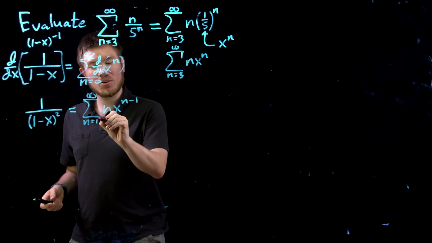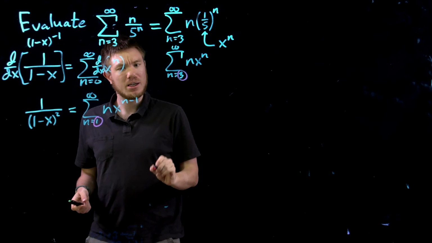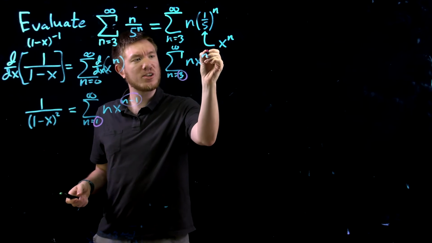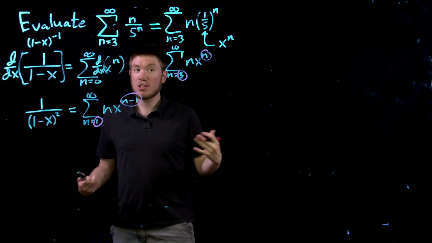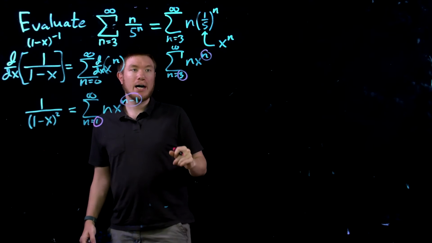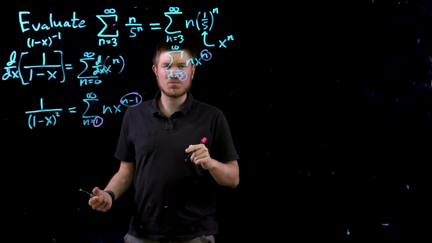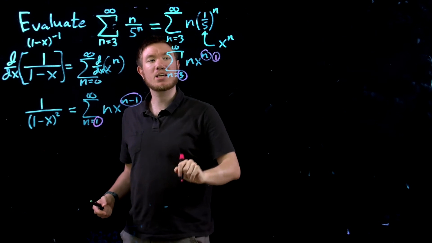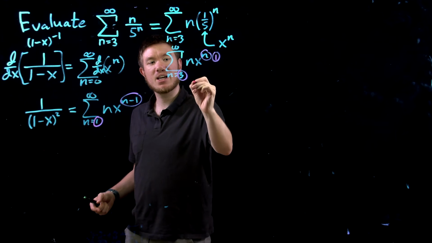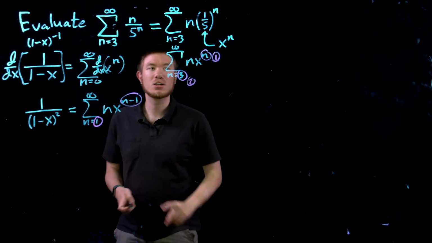First and foremost, our sum doesn't start in the right place. And secondly, our coefficient seems a bit off. Both of these problems we can deal with. You can start with either problem first, but the easiest one to start with would be to get this coefficient fixed, and then fix our index.